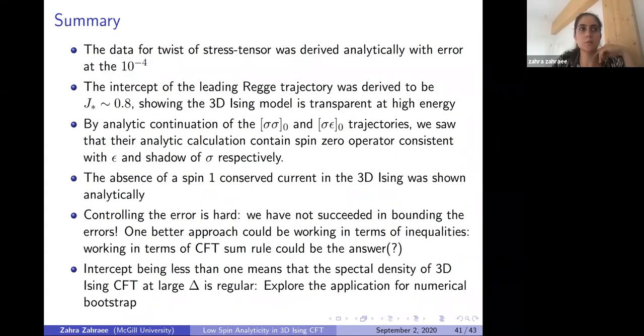However, if J star is less than 1, then at large delta the spectral density goes to 0. Strictly it's not the spectral density itself, but 2 sine squared of each operator times the OPE coefficient over the contribution.